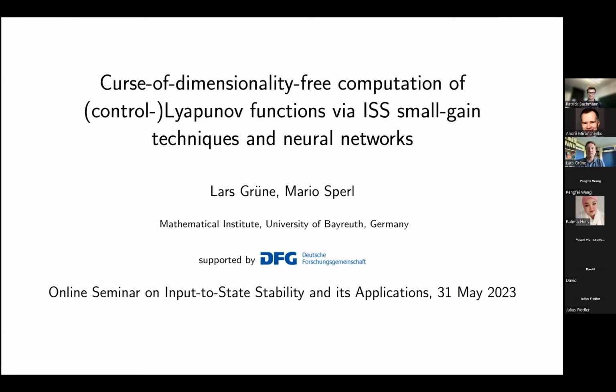So this is about ISS small gain techniques, which have been, I think, quite well known in this community for quite a while, starting in the 1990s, going on in the 2000s, and then particularly with the culmination at the end of the first decade of the 2000s with all these nice results about large-scale systems.